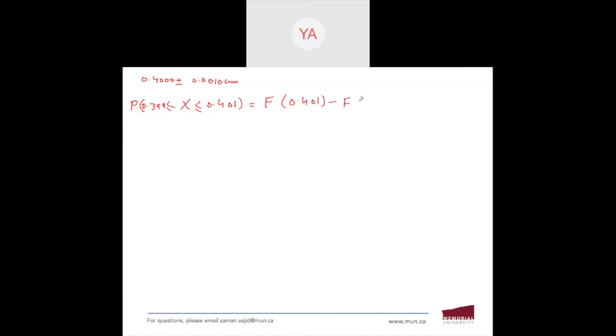Your F value at 0.399. Now it should be X 0.401 minus your mu value, which is 0.4008, over your standard deviation 0.0004, and the same is for this other term.